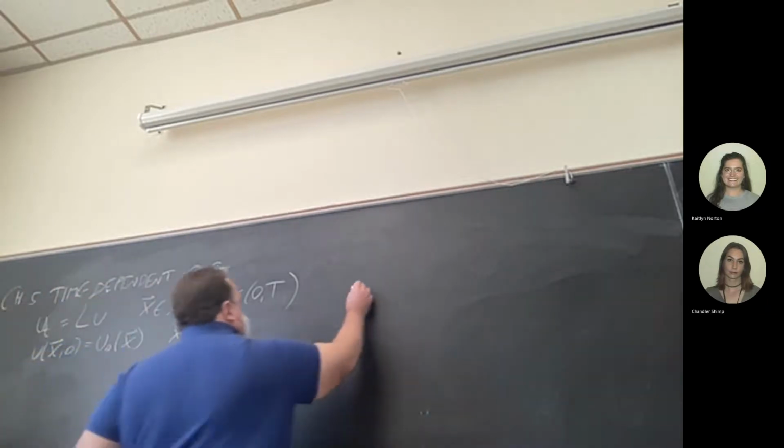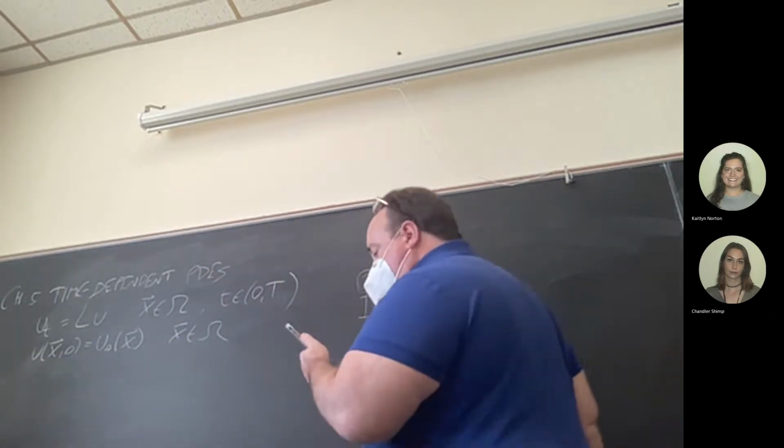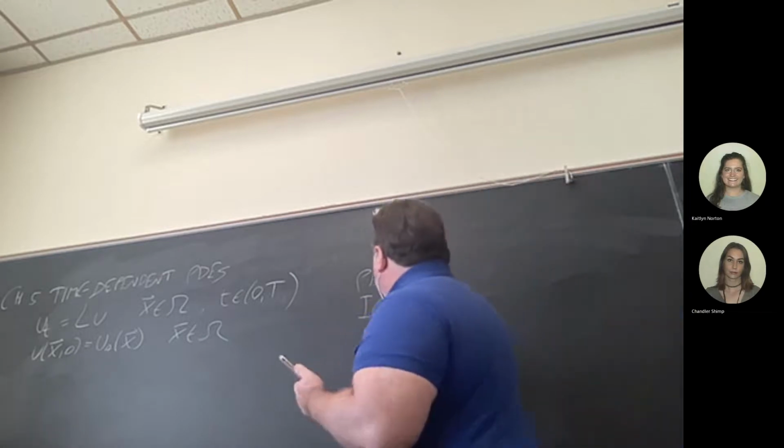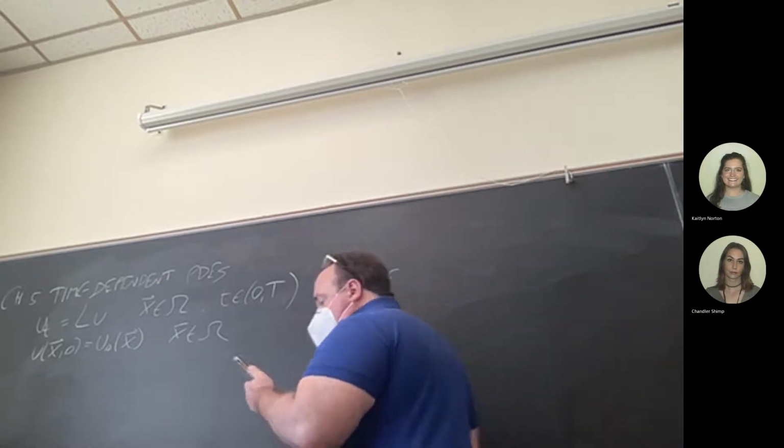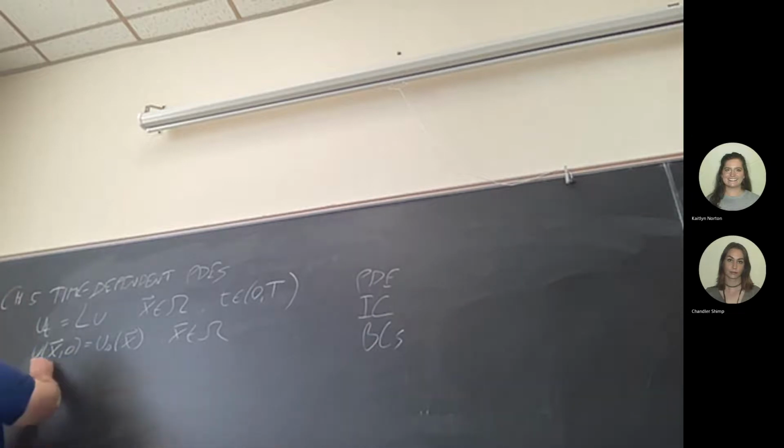All right, so this is the PDE. These are the IC, or initial conditions. And then we have, like before, boundary conditions. So in this example, let's stick with Dirichlet.